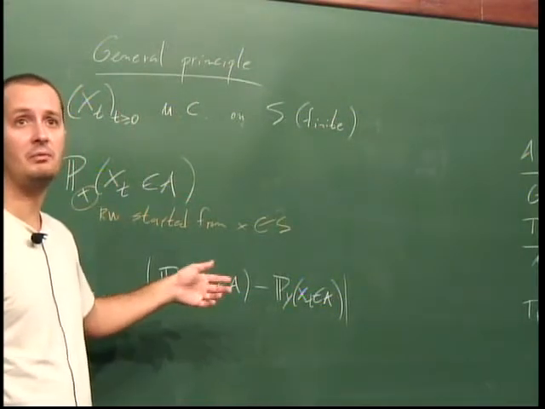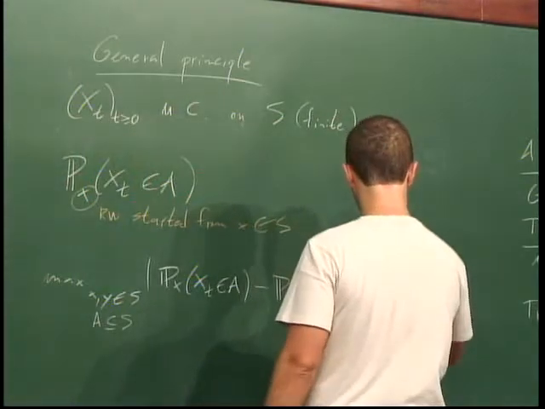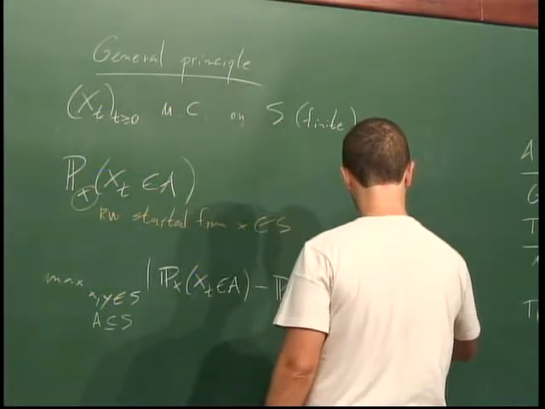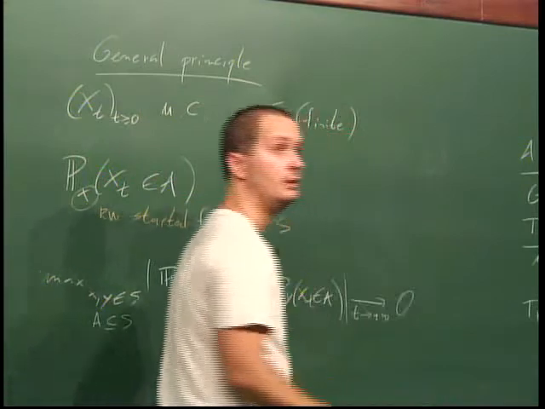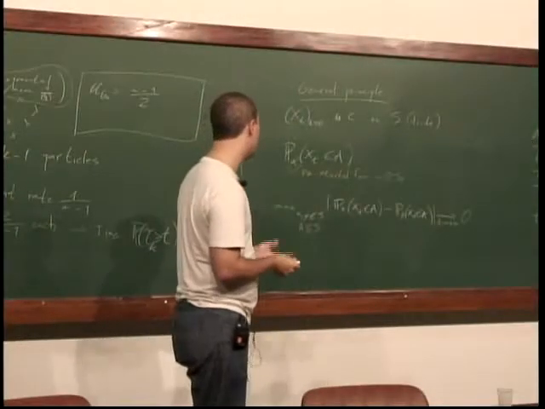And then the same for the random walk started from y. As it turns out, with some other very minor conditions, this difference goes to 0. Meaning that the distribution of the random walk asymptotically is independent of the initial state. Right? And the mixing time is just a way to quantify this.